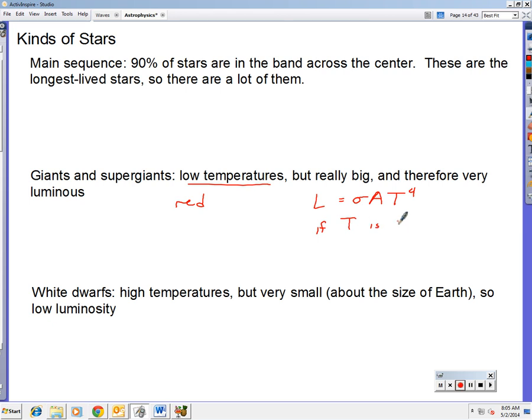If the temperature is low, which is the case because they're red, but L is very high, what that implies is that the surface area is very large, and these stars are in fact giant. Antares, the example we looked at in the previous video, is an example of a red supergiant. It is around 1,000 times the radius of the sun, so it is huge.